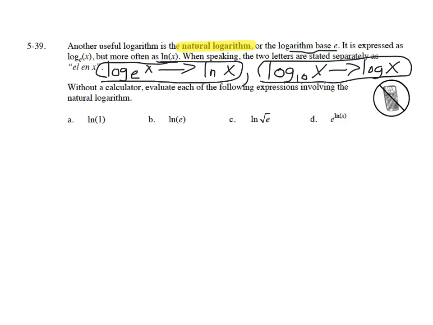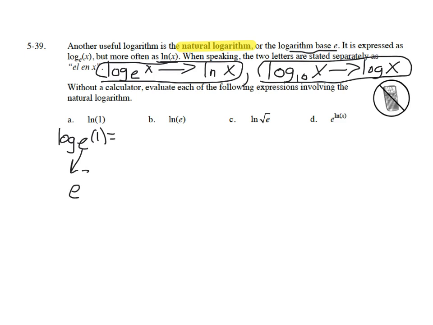So without a calculator, evaluate each of the following. In part A, this is really saying the log base e of 1. That's another way to think about it. We want to figure out what that equals. We'll use our definition of logs. E is my base.